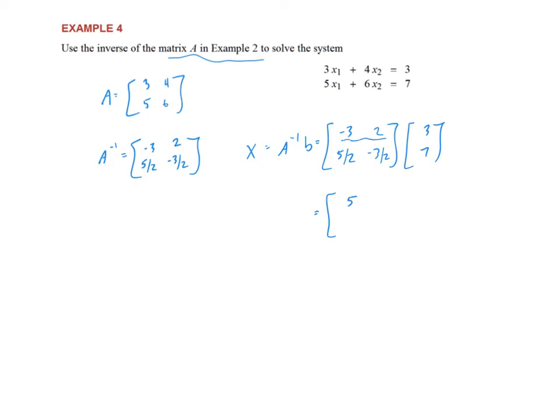And then the second row times that vector is 15 halves minus 21 halves, which is negative 6 halves, which is negative 3. You should definitely use your calculator if you're not certain about the fractions there, but I'm reasonably confident in my skills. So that's our solution vector, x equals 5, negative 3.